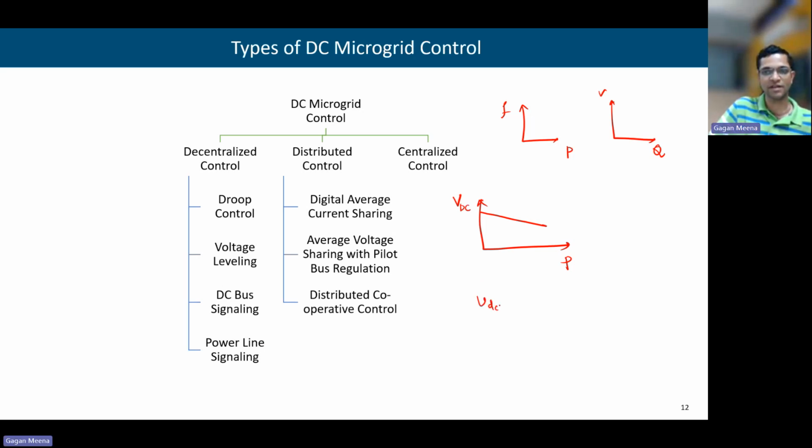VDC equals VDC star, the reference of each converter. VDC is the output of the converter. This is the converter output. And there is the reference DC bus voltage.